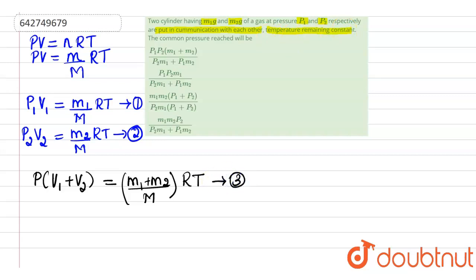Now what are we supposed to do? Our task is to substitute the values of V1 and V2 from equations 1 and 2 and simplify.